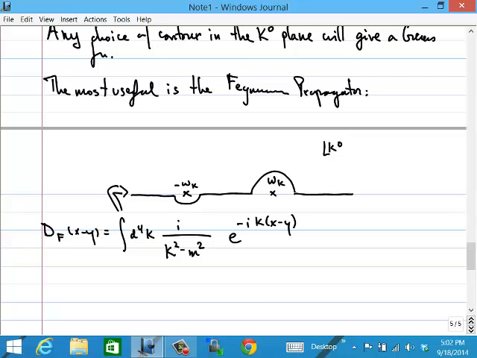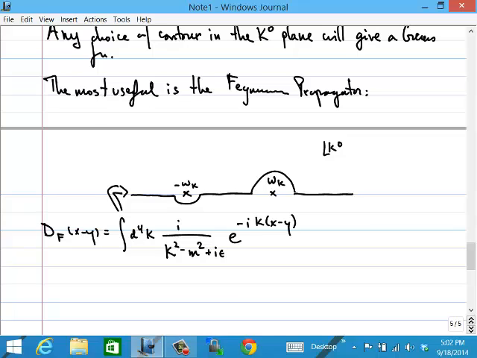And in fact, there's a very simple way of encapsulating the statement that we use the contour of integration that goes below the first pole and above the second pole. That's just to add a small imaginary part to this denominator here.